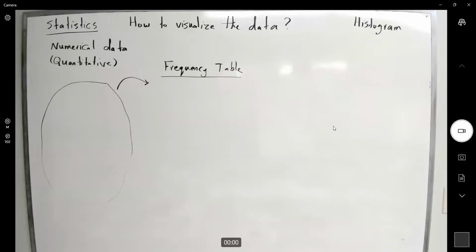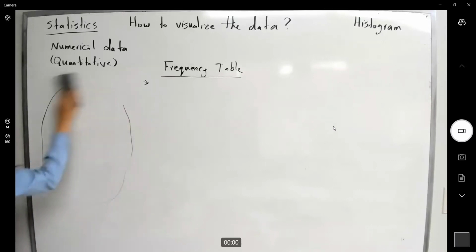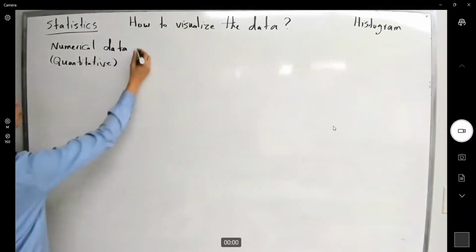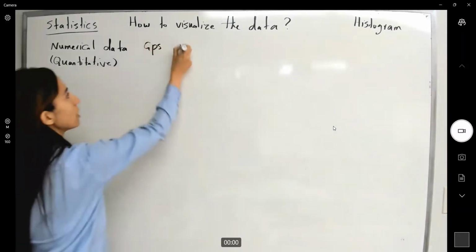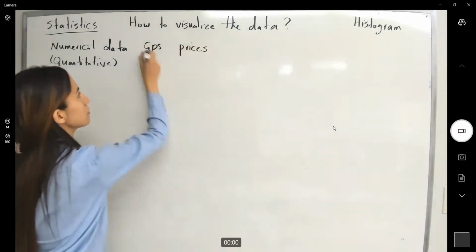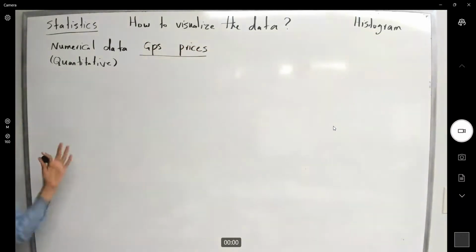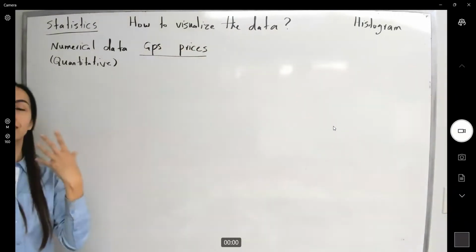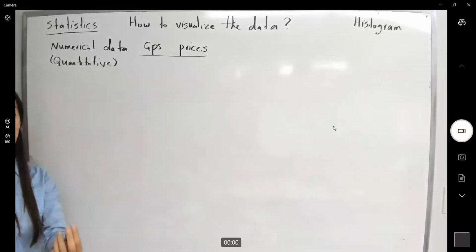Very good. So let us go over the steps of building a frequency table for GPS prices. In constructing your frequency table, first you have to identify the bins or classes.